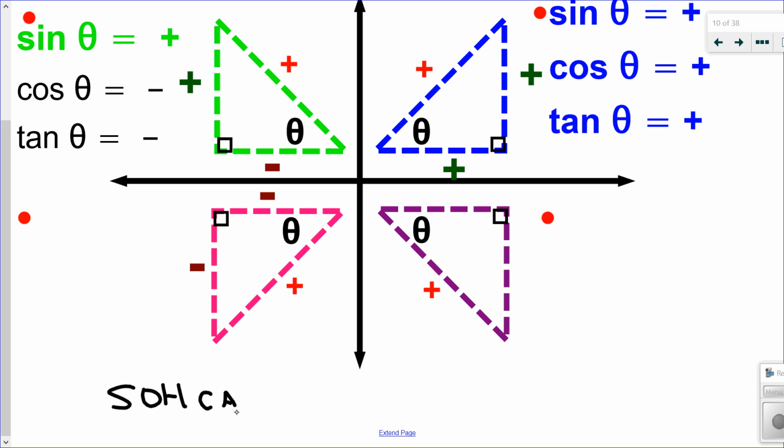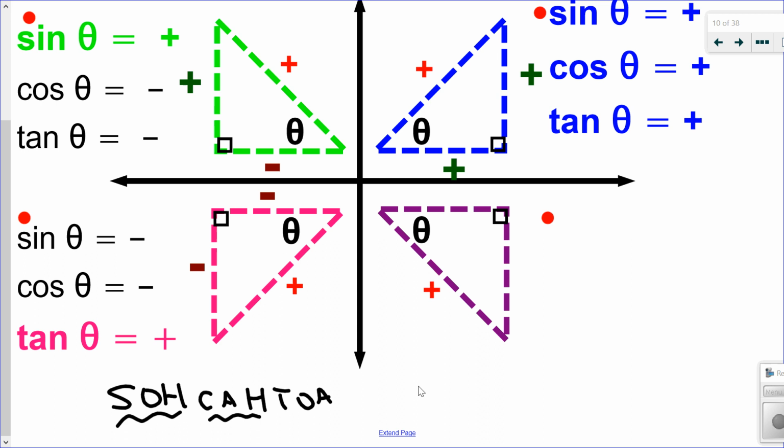Sine is opposite over hypotenuse, negative over positive is negative. Cosine has an adjacent, negative over positive is negative. Tangent, however, uses both of them, and a negative over a negative is actually positive.